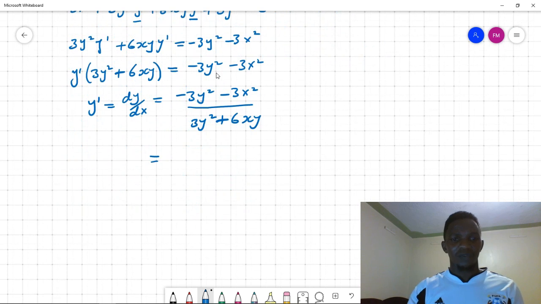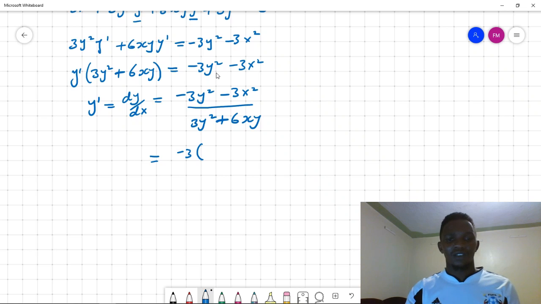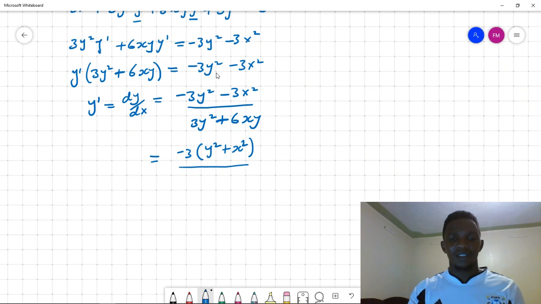This is the same as, we can just simplify this a little bit. Here 3 is common, we can put minus 3 outside, we factor out minus 3, we have y squared plus x squared all over. Here still we can factor out 3.